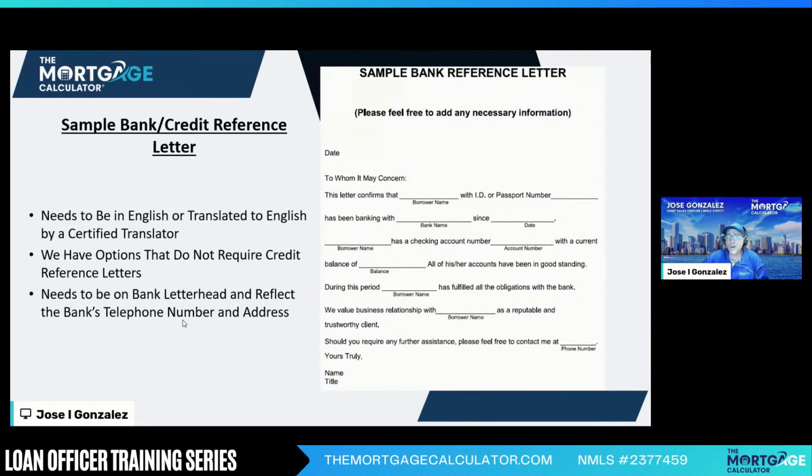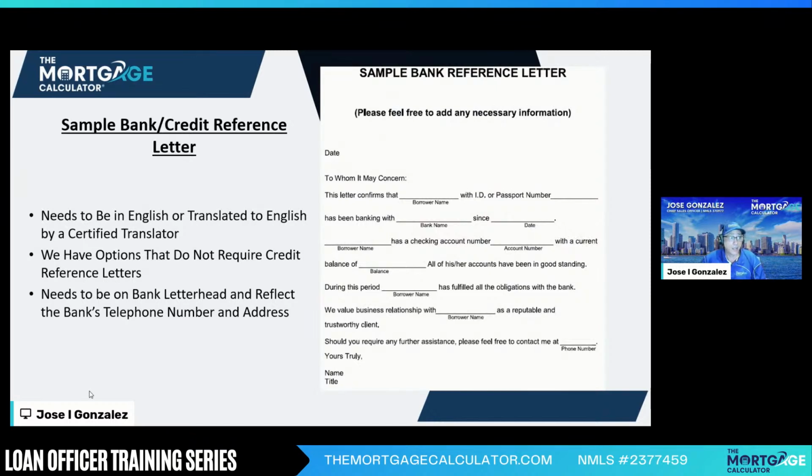But you would want to send them the English rough draft so they can check it out and make sure they write one in English, because if they write it in their own language, guess what? Then it has to be translated by a certified translator to English at cost and time, right?